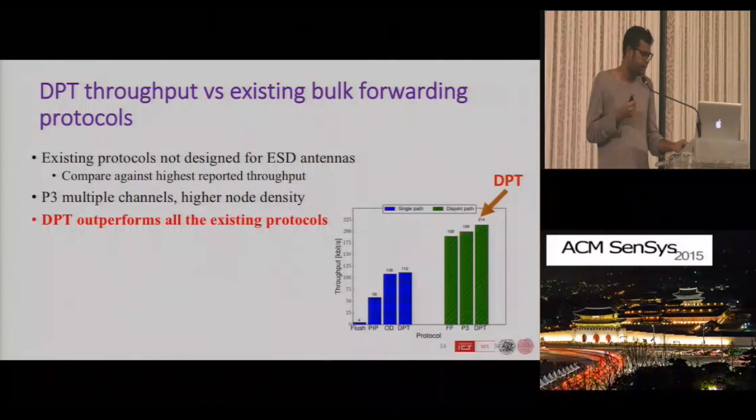What we find is that the throughput that DPT achieves outperforms all the existing protocols in terms of the throughput, as well as the number of nodes that are required. P3 is the closest protocol in terms of the throughput and the design to DPT, but it needs multiple channels to operate, and it also needs higher node density to operate.